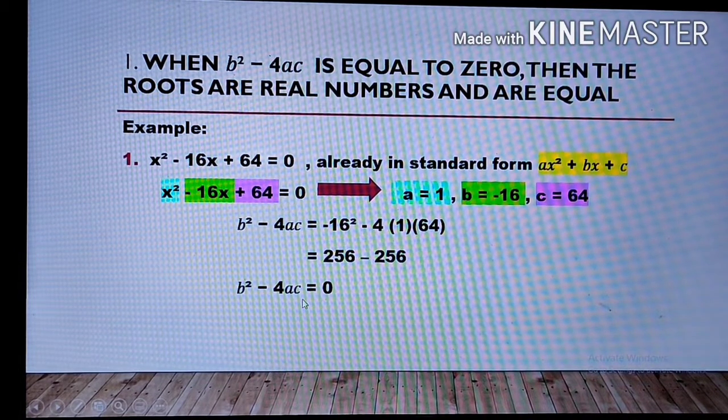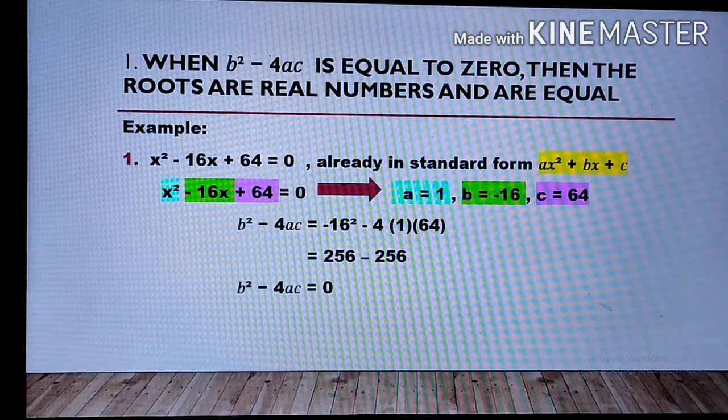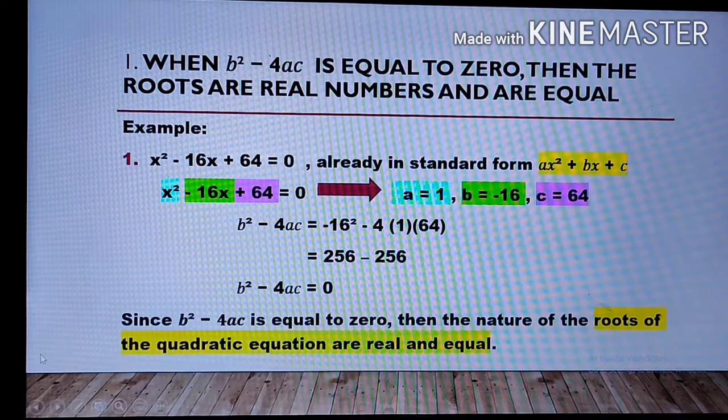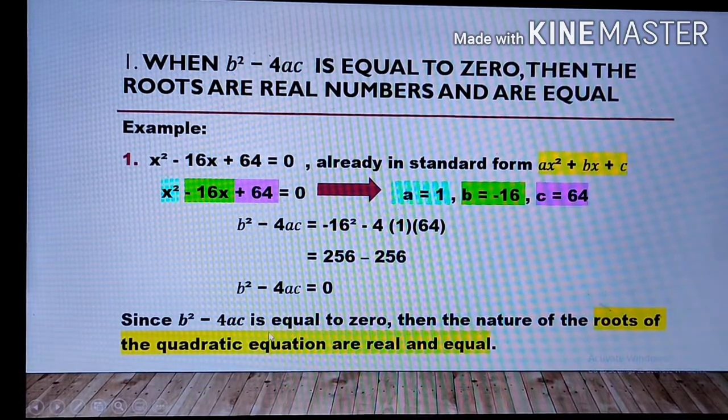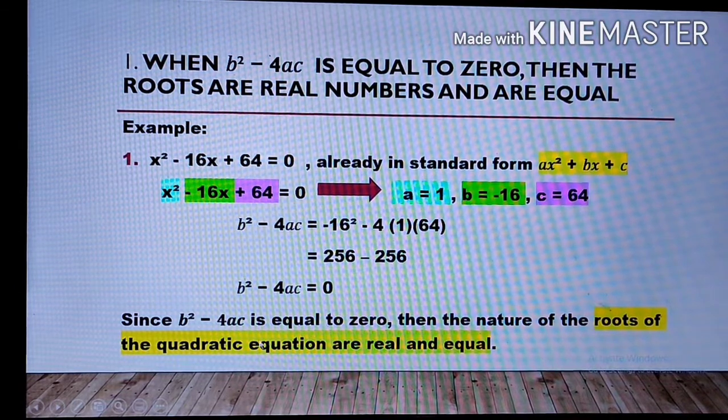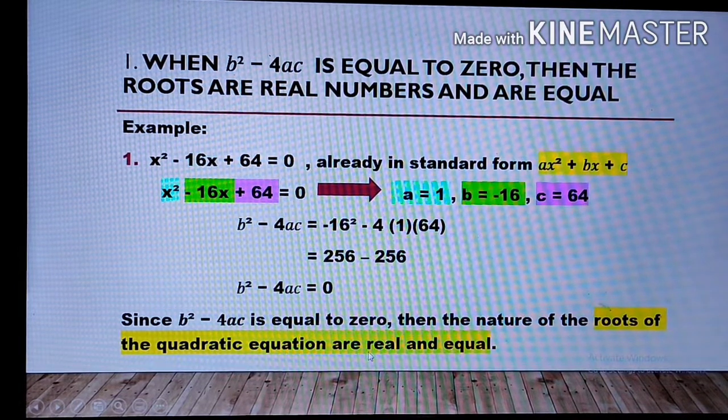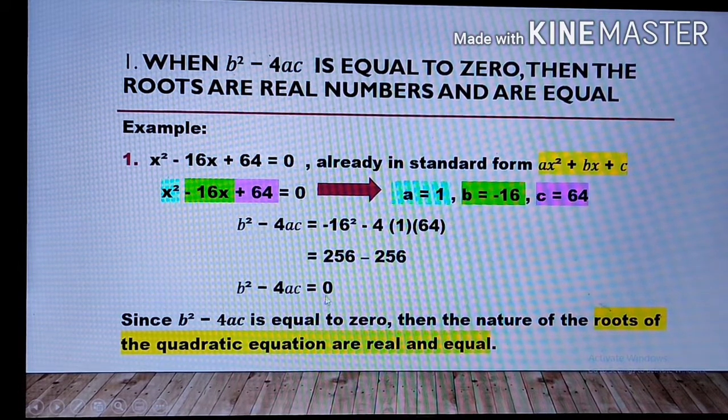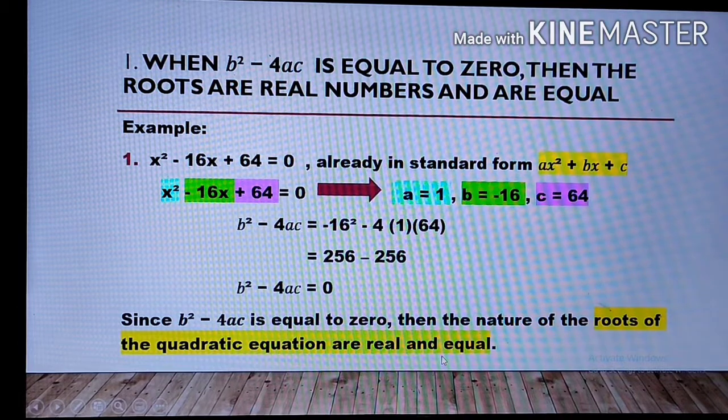Since the discriminant is equal to 0, okay, since b squared minus 4ac is equal to 0, then the nature of the roots of the quadratic equation are real and equal. So, 0 man yung discriminant, ibig sabihin yung roots niya is real and equal.